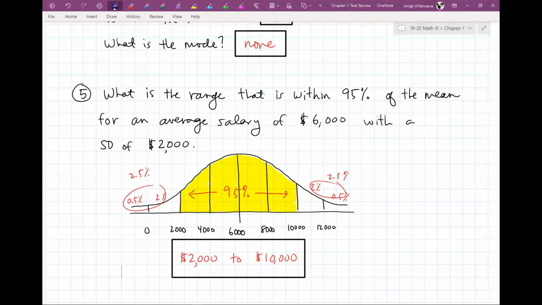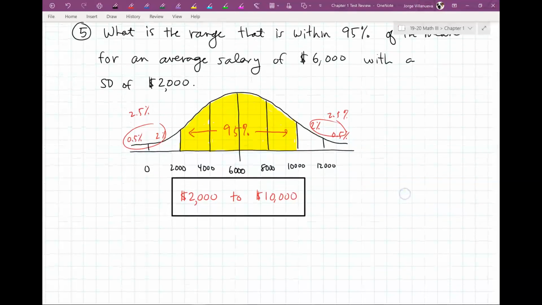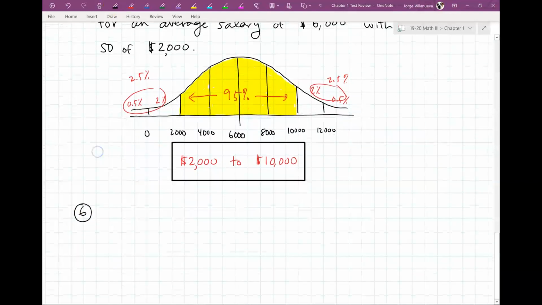Let me give you one that has a table. So question number 6. Okay.